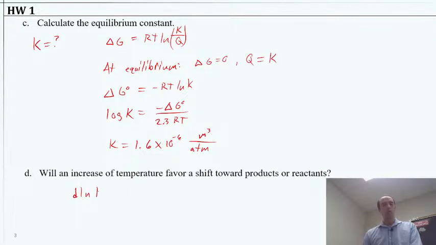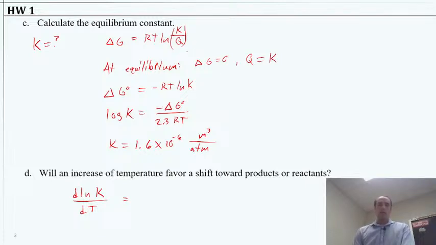So if we take a look at the change that occurs in K, so d ln K per change in temperature, that's kind of what we would look for. So changing that equilibrium constant per change in temperature, is this a positive or a negative outcome?